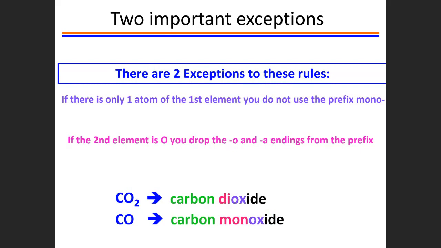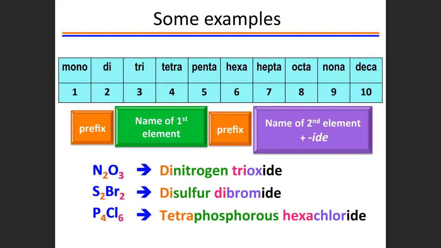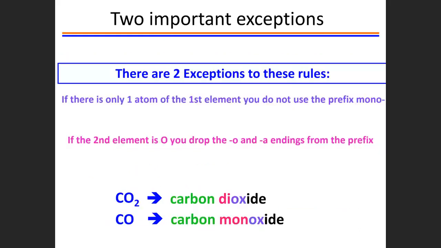Two important exceptions, as I said. If there is only one atom of the first element, you do not use the prefix mono. Normally we say di, tri, but in the case of mono we don't say it. Here we should say monocarbon dioxide, correct?